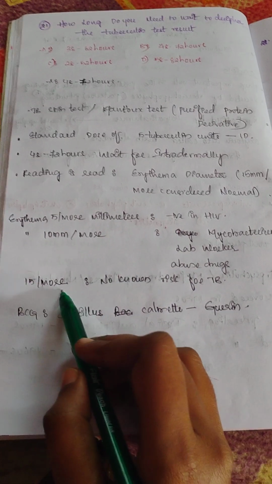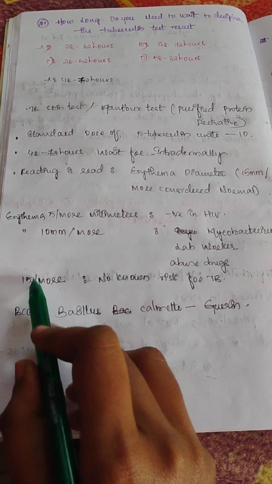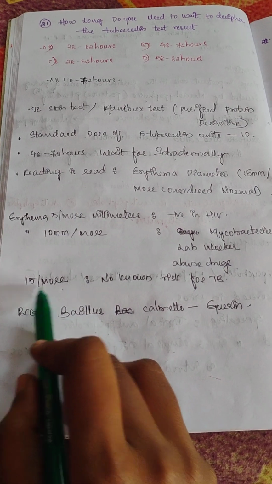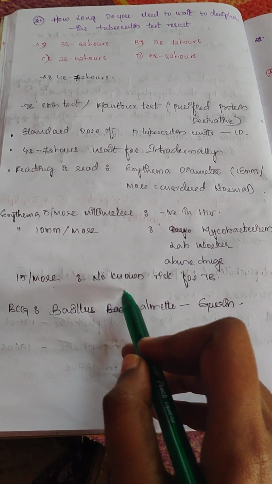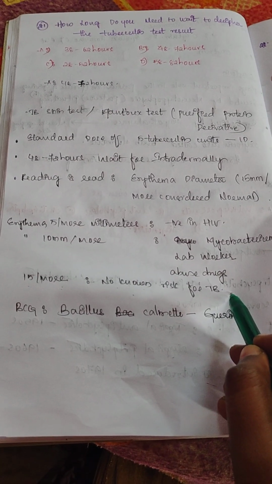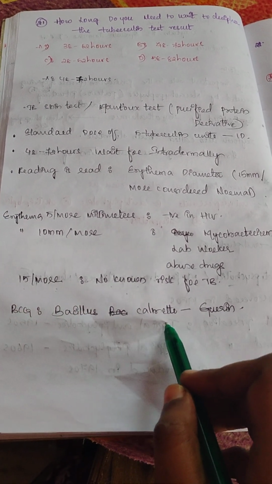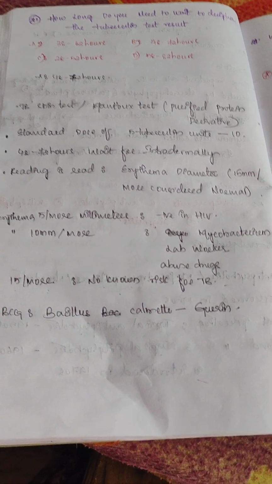If the diameter of erythema is 15 mm or more, then this is an indication of no known risk for TB. Okay, the full form of BCG here is Bacillus Calmette-Guerin.